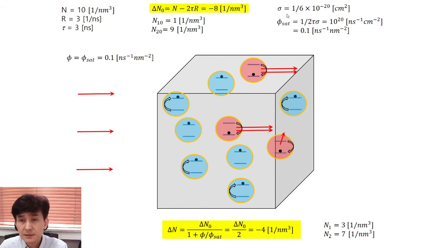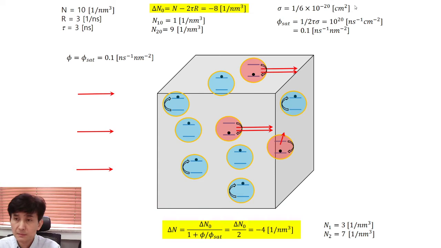We consider sigma, the absorption cross section, equal to 1/6 times 10 to the minus 20 centimeters squared. That's a typical absorption cross section for an atom.